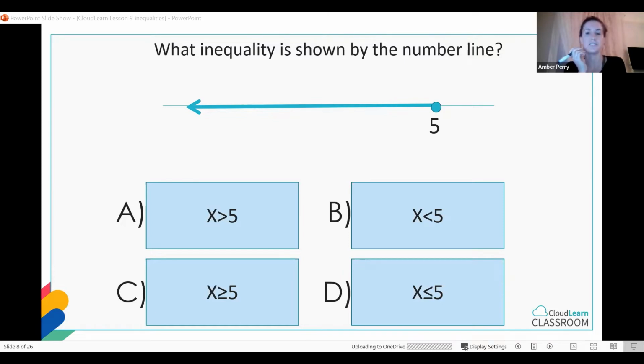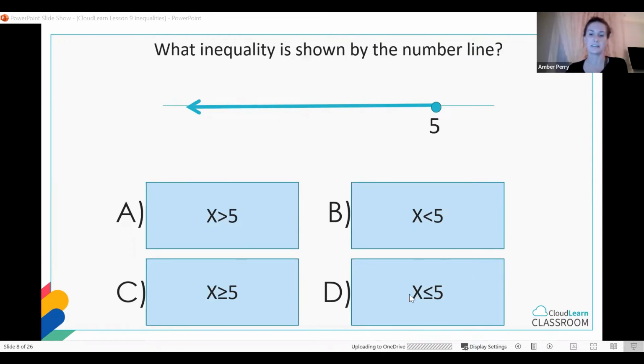And we have got 100% of you answering already. 83% correct answer again. So well done. Really, really good to see. And the correct answer this time is we have a filled in circle. So it's either C or D. And we have it going off in the less than direction. So it's less than or equal to 5.